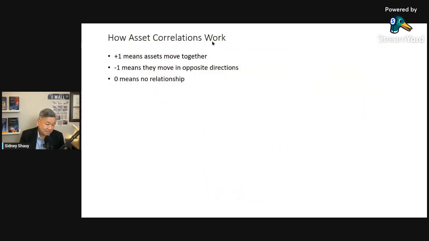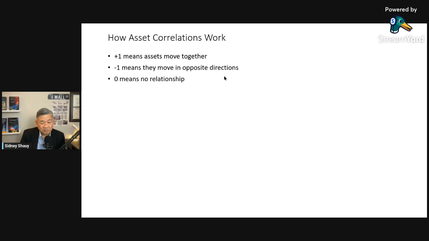Okay, so how does asset correlation work? Correlation ranges from -1 to +1. A +1 positive correlation means the assets move together. A -1 means they move in opposite directions, and 0 means no relationship.